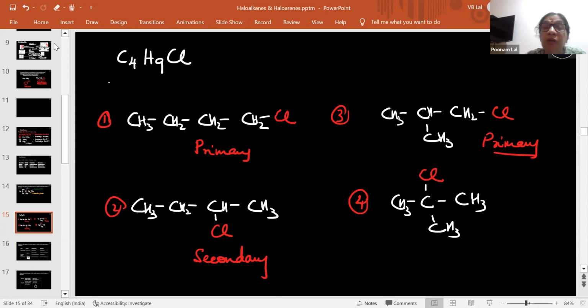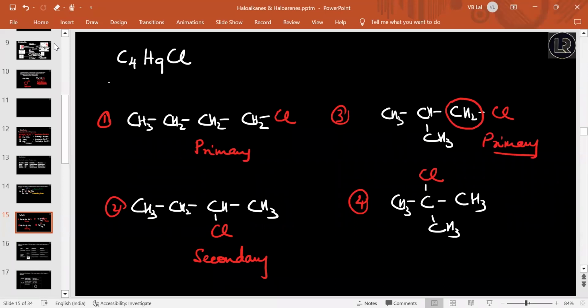This carbon here is attached to only one other carbon atom, so it is a primary alkyl halide. The middle carbon is attached to 3 other carbon atoms, so the middle carbon is tertiary, but my halogen is attached to the primary, not to the tertiary.